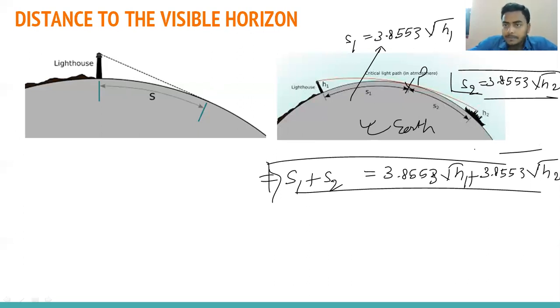Are you getting my point? Okay, so just remember this formula: D is equal to 3.8553 root under C, where D is in kilometer and C in meters.